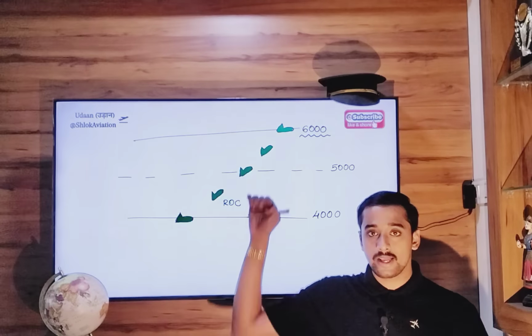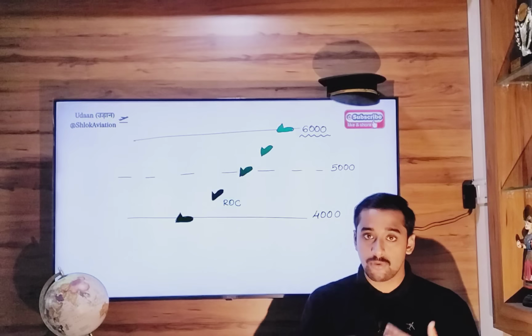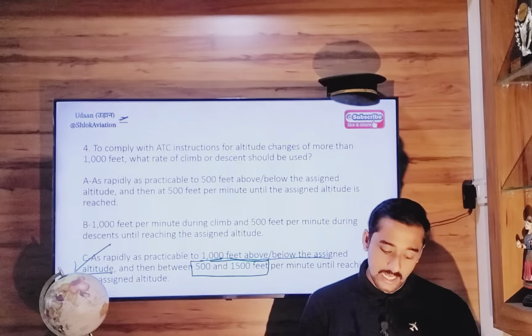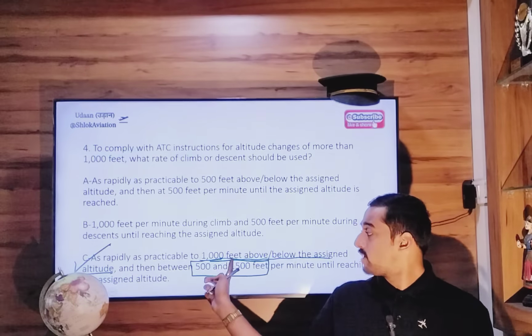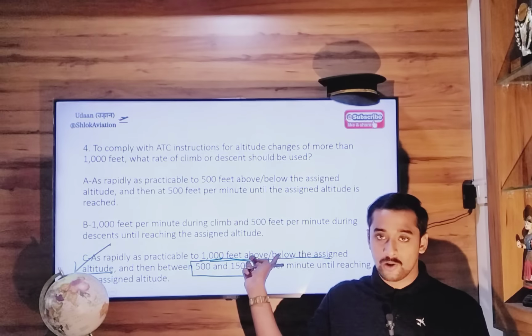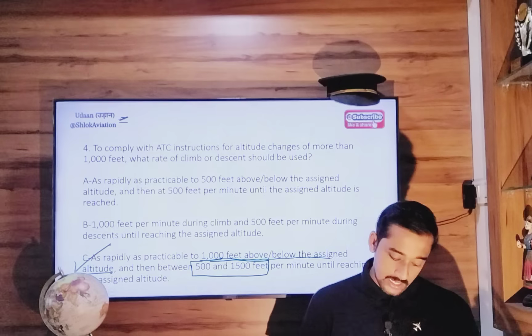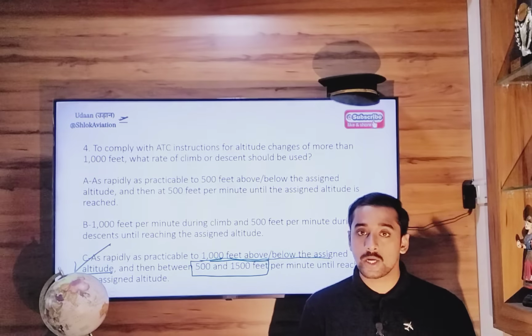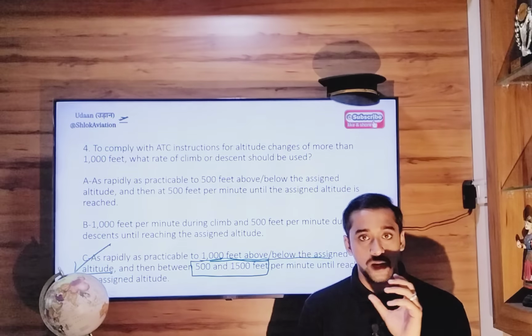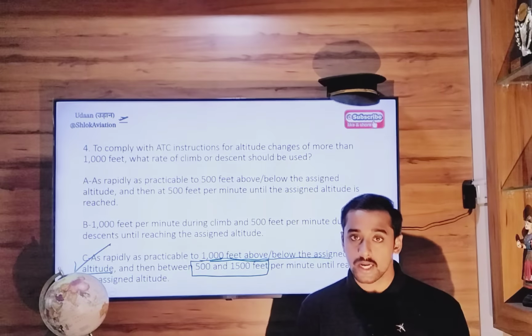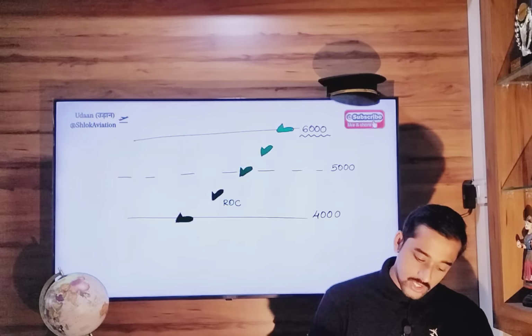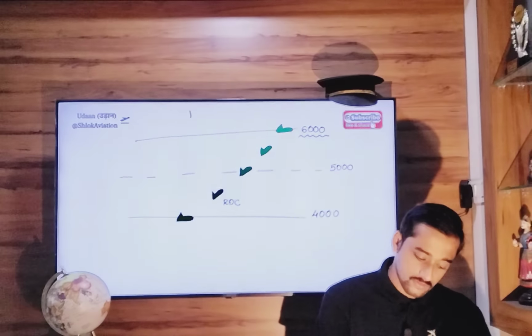First, up to 5000 feet, that is as rapidly as practicable or as rapidly as possible to 1000 feet above or below the assigned altitude. And when you have reached there, you can modify your rate of climb to be between 500 and 1500 feet per minute. Remember this. So this is the procedure.